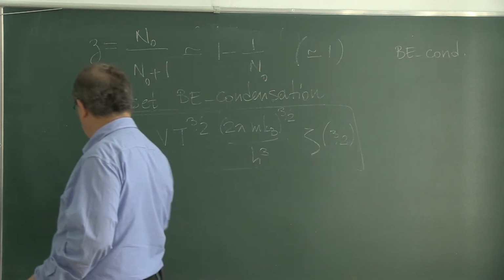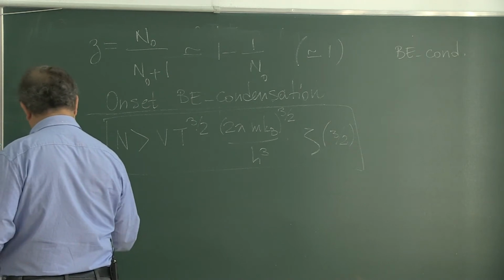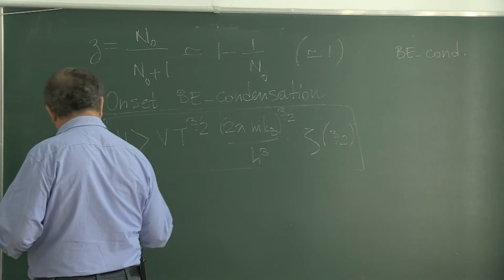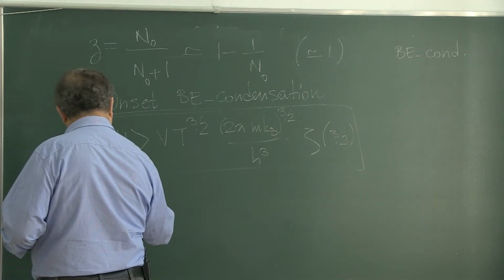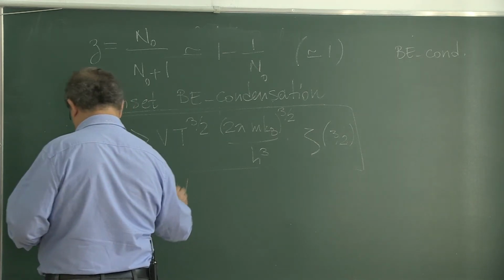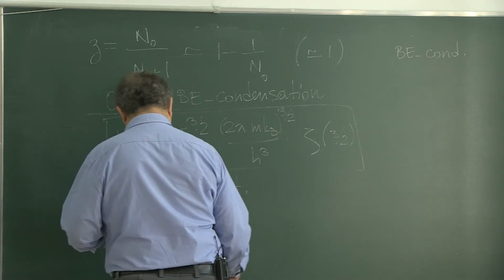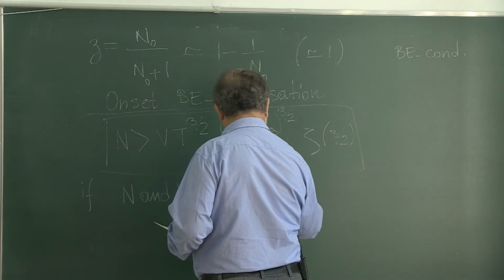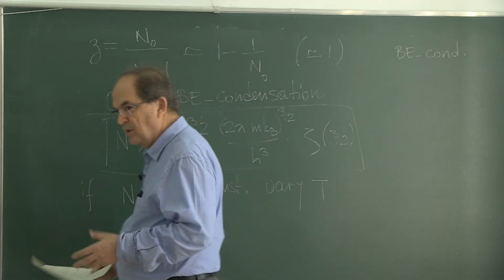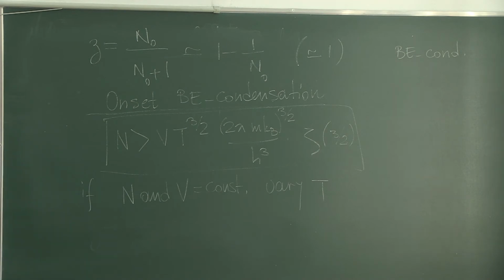Now, if you hold N and V constant and vary the temperature, this is one way of looking at the transition, simply because when you lower the temperature, you go into the quantum limit and condensation comes out.